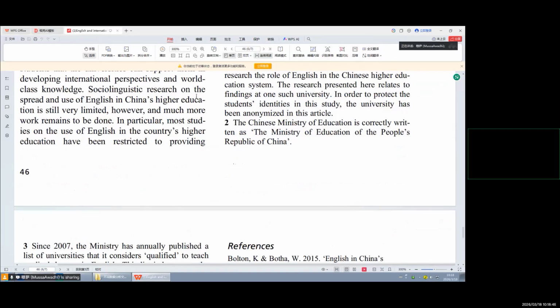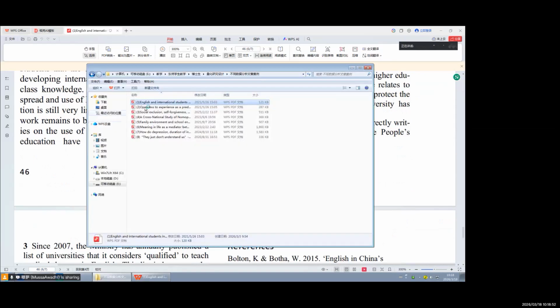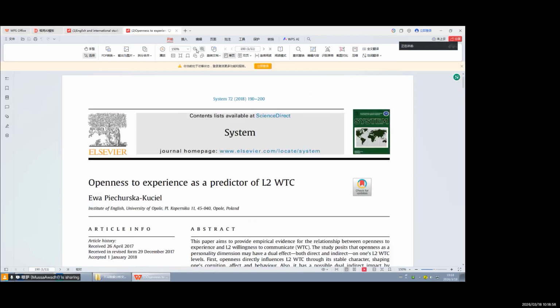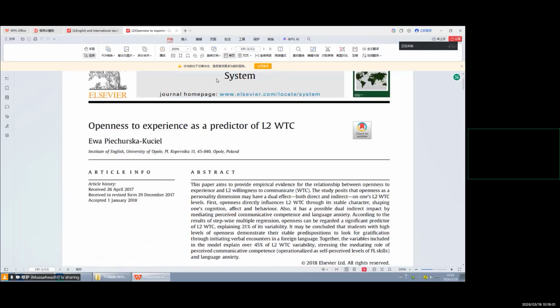Now I show you the next one, also through WeChat.